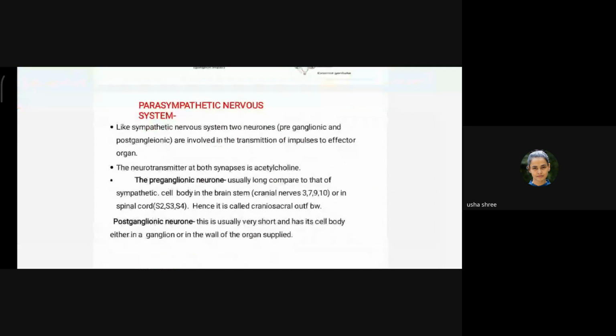Now, parasympathetic nervous system. Like the sympathetic nervous system, two neurons, preganglionic and postganglionic, are involved in transmission of impulses to the effector organ.